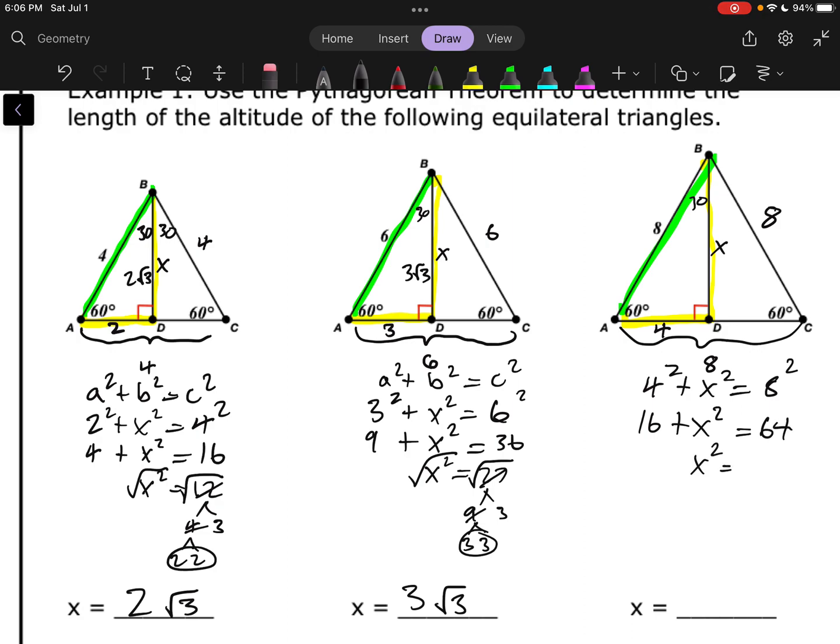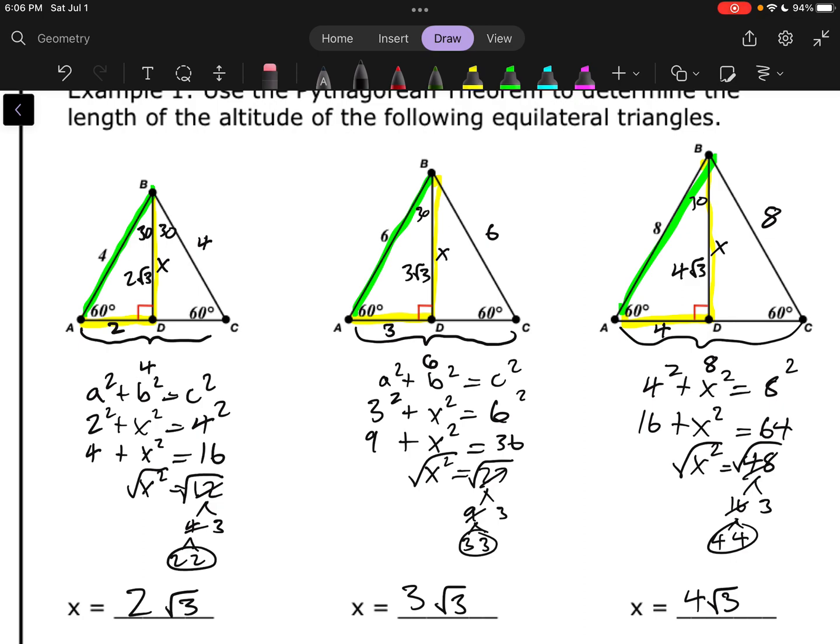That will give me, what's that, 48? 48 could be 16 and 3, which gives me a pair of 4's. So this is 4 root 3.